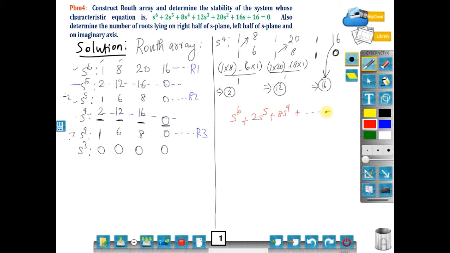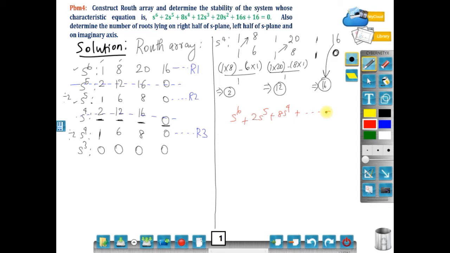With the help of this Routh array, we divide the very biggest equation into 2, 3, 4 parts. The maximum power of this equation is 6. So for a 6th order equation, how do we divide this longest equation? There is a solution called the Routh array.